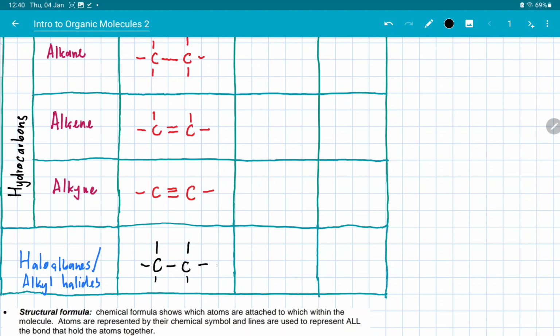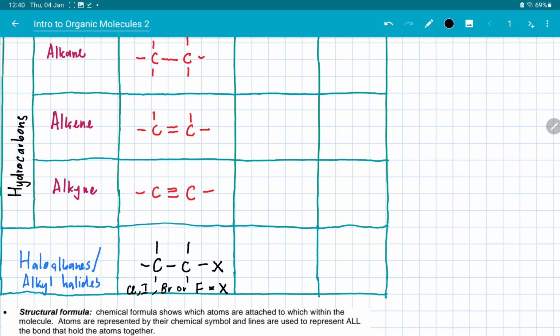However, somewhere in the chain there will be a halogen. I'm going to use X because the halogen does not necessarily have to be chlorine. I said it can be chlorine, iodine, bromine, or fluorine. So that X represents halogens.